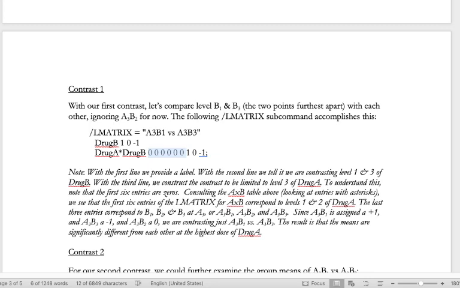So all of these cells, ignore. We just want A3B1 versus A3B3.